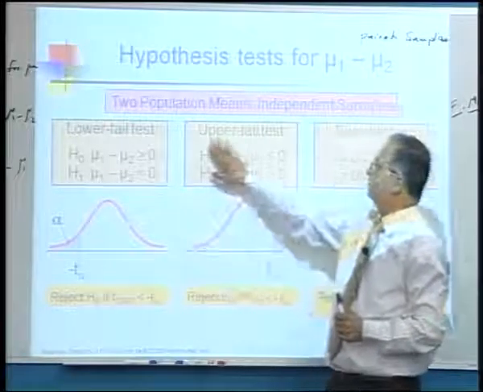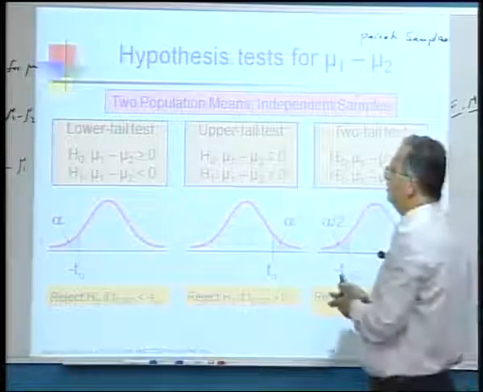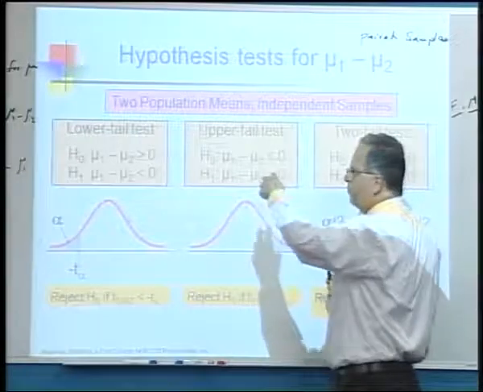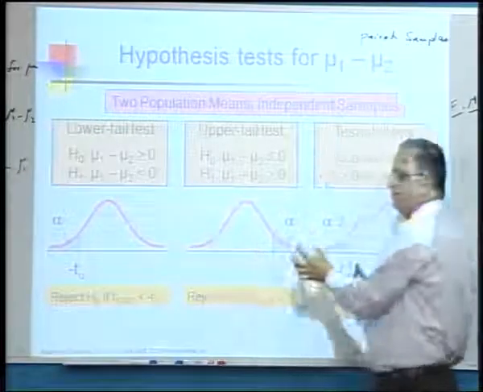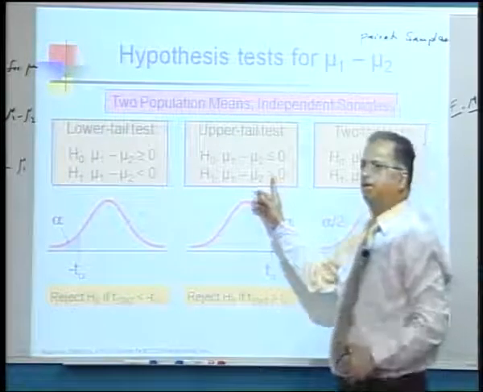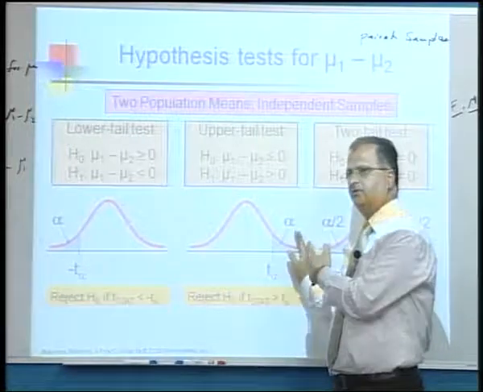On the other side, if we are talking about the upper tail test, always look at the alternative hypothesis in order to determine the rejection region. So if it is greater than, it means the rejection region should be to the right.